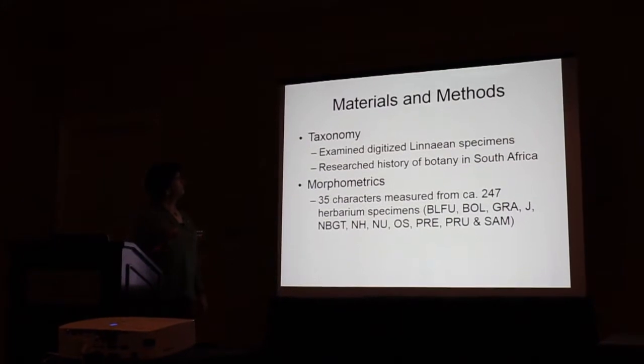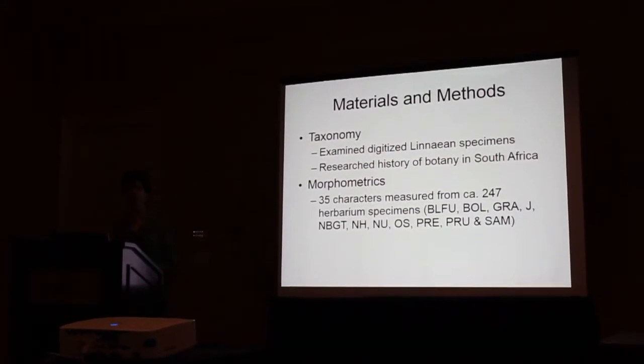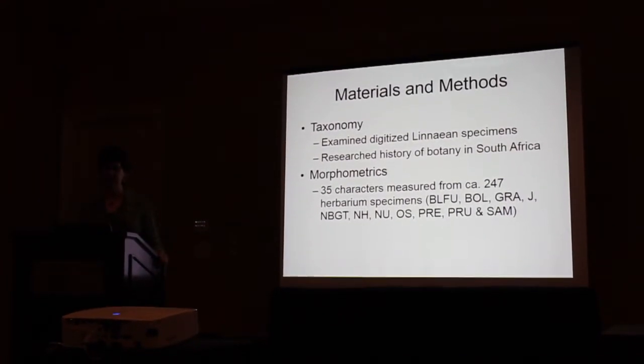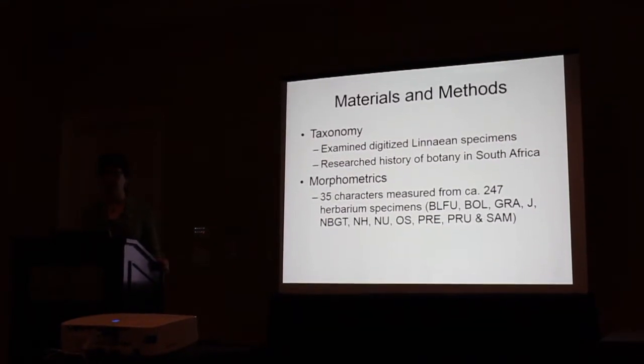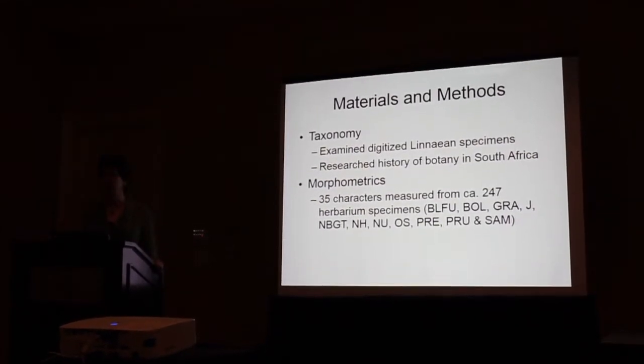And so to tackle the taxonomy and try to figure out what the type specimen for Hyobanche sanguinea was or is, I actually had to go online and look at all the digitized specimens for the Linnaean collections. There are two collections, one in Sweden and one in London.